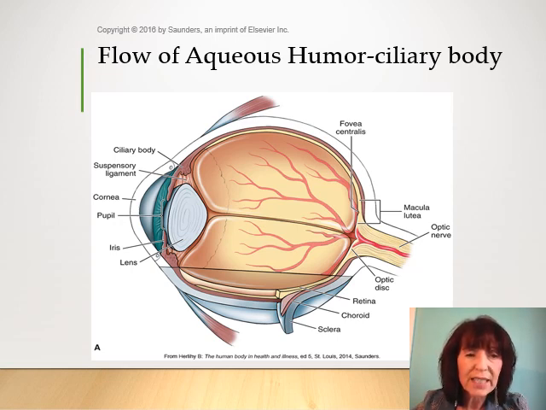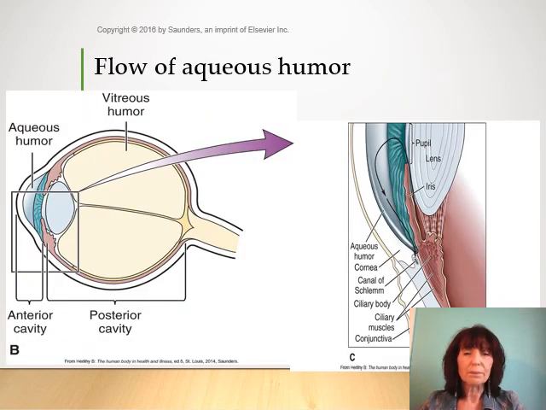So you can see the aqueous humor, and this isn't a very good picture of that, is it? All right, well, we can see right here the ciliary body that's going to have one of our humors. And then the rest is going to be around this area. So let's go on. This is a better picture. I knew I had a good picture here.